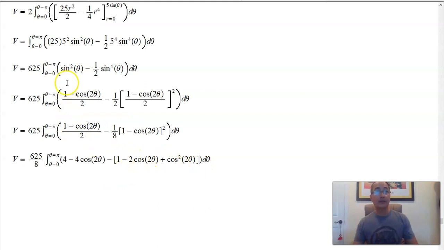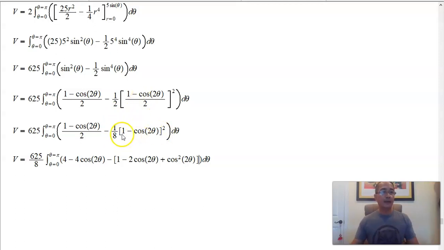Okay, so a little further. Sine squared is 1 minus cosine 2 theta over 2. Same thing for sine squared here, but you square the whole thing. Okay, so when you do that, you're going to get a 4 in the denominator times another 2. So you get 1/8. Okay, and square the numerator.